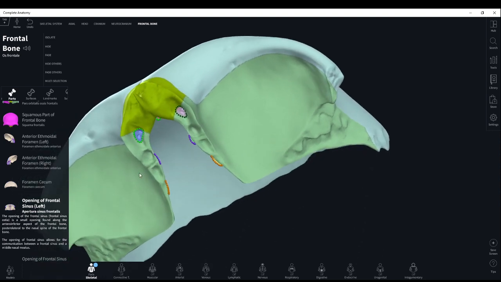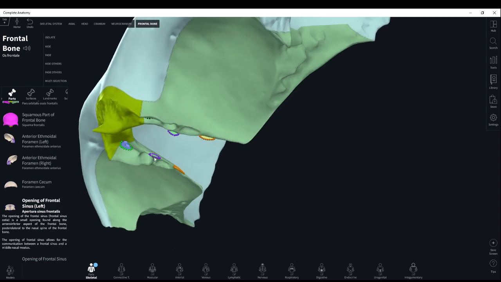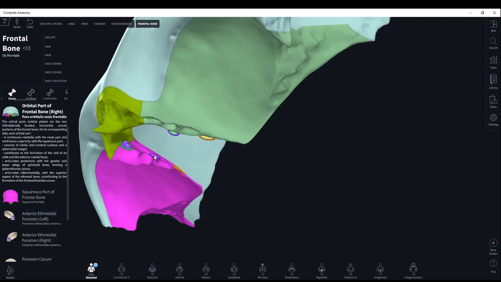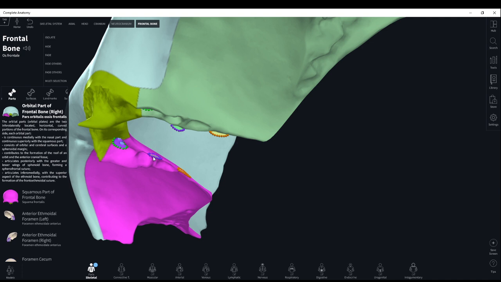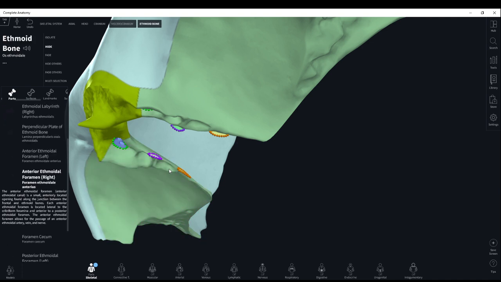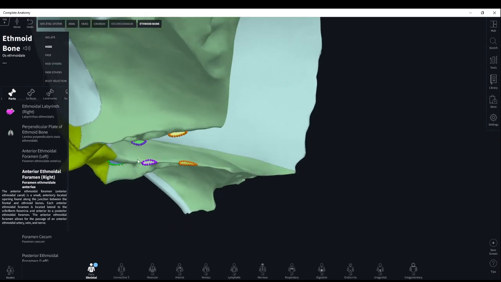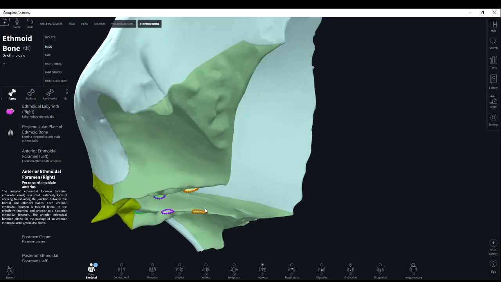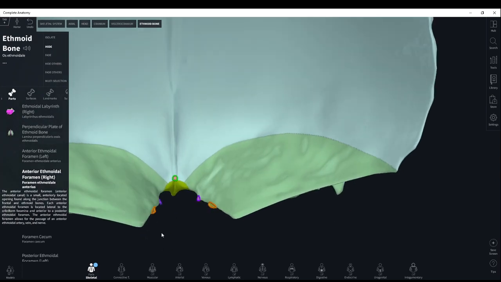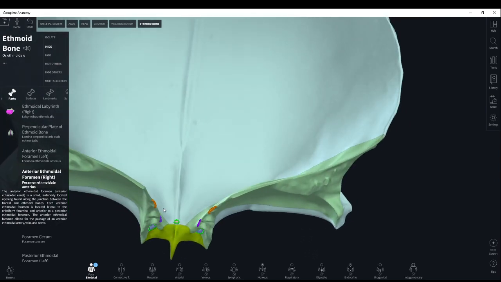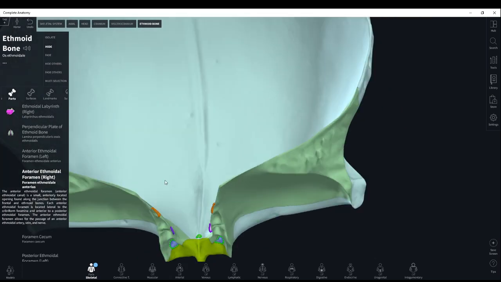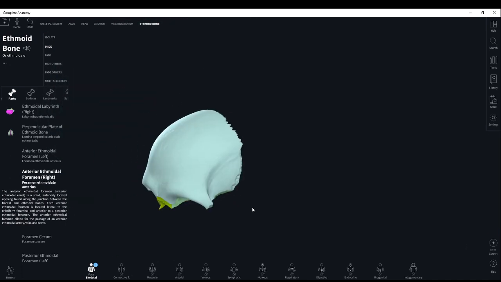Also, by the sides of the nasal cavity, you can see the small upper part. Here it is, the upper border of the anterior and posterior ethmoidal foramens, which form later by joining of the ethmoidal bone. Yes, that was the frontal bone.